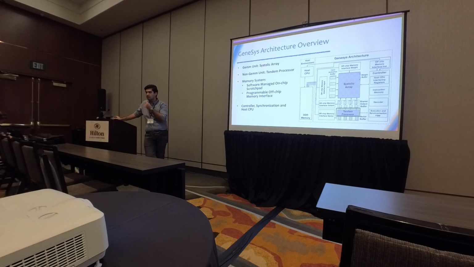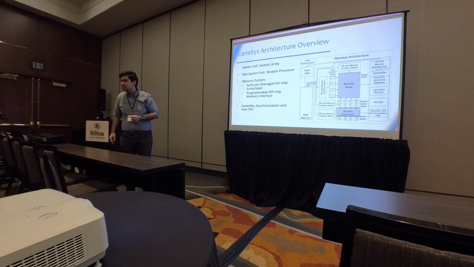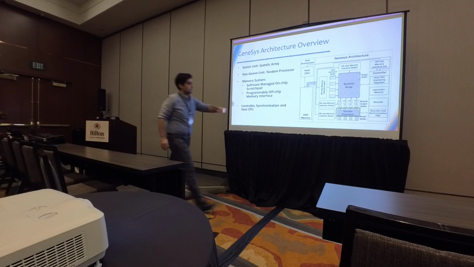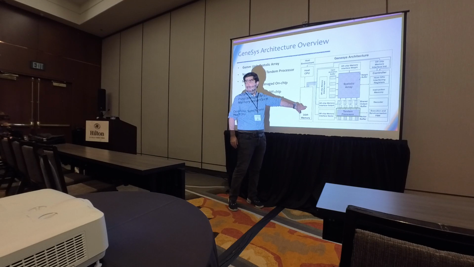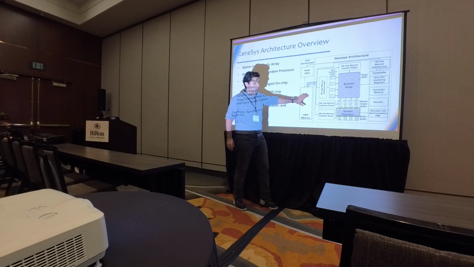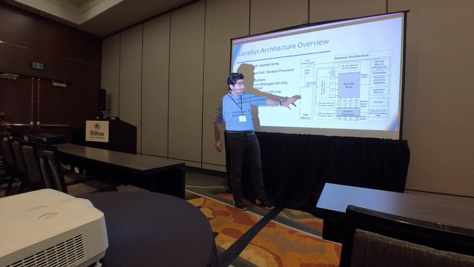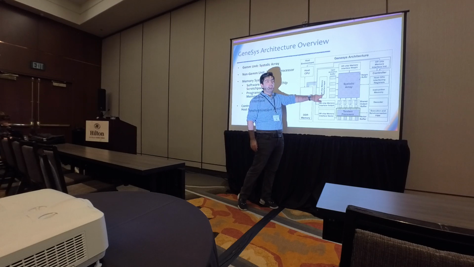I don't see an SRAM memory on the card. Why do you say so? Anytime you see some SRAM memory on the card... So this is the off-chip memory. The DDR is completely off-chip. But do you have something smaller? Yes. So that's what we call the input activation buffer.